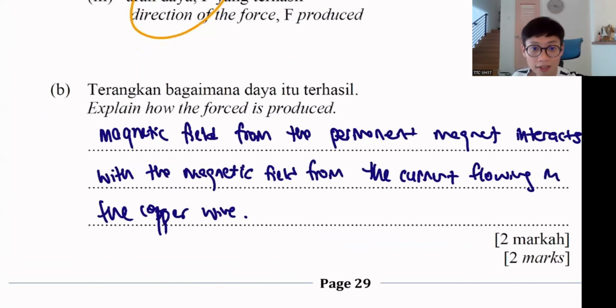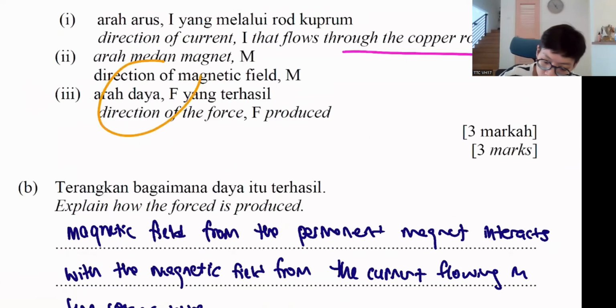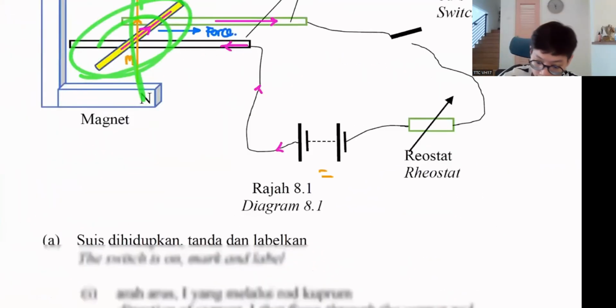Meaning to say that your north-south magnetic field and your current's magnetic field interact, okay?